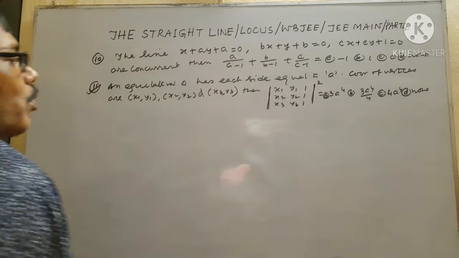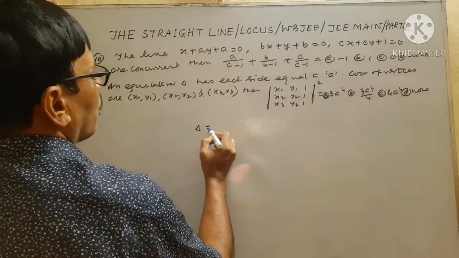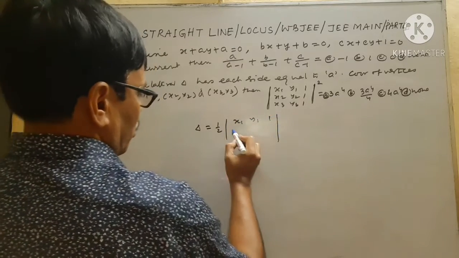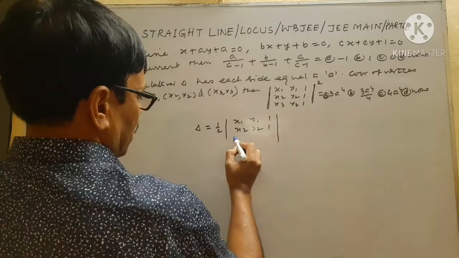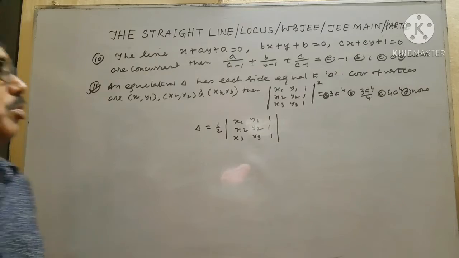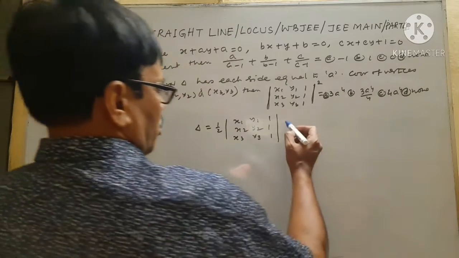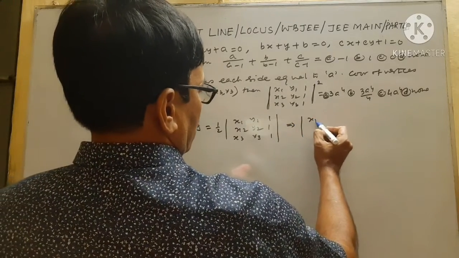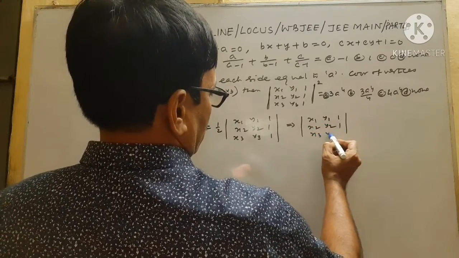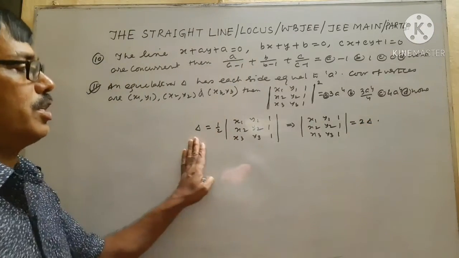So we need this idea. Area of a triangle with vertices (x1, y1), (x2, y2), (x3, y3), in terms of determinant, this is the formula. Delta equals this. This is a well-known result. So what we are getting: the determinant with rows x1, y1, 1; x2, y2, 1; x3, y3, 1 equals 2 delta.